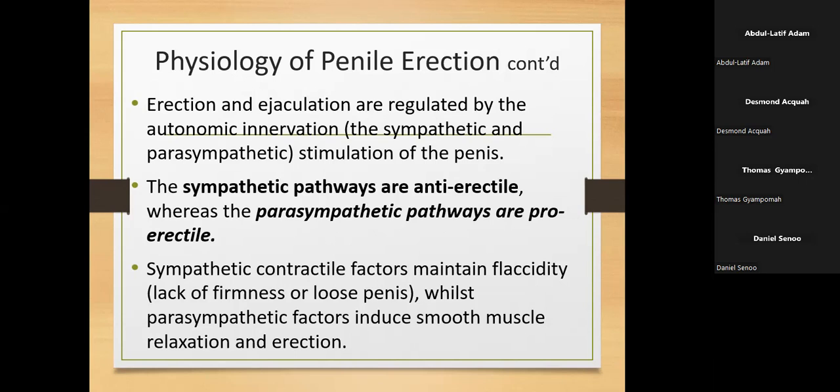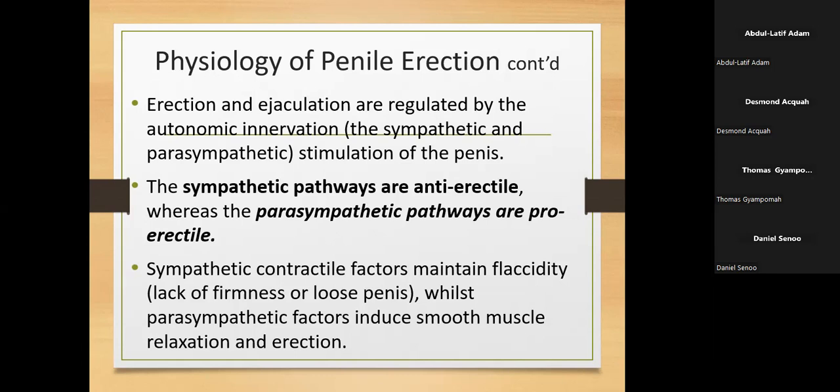If there's something that you don't understand, please let me know. That erection is promoted by the parasympathetic pathway, or the parasympathetic nervous system, which is an aspect of the autonomous or autonomic nervous system.